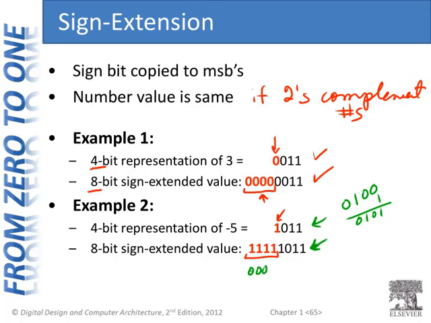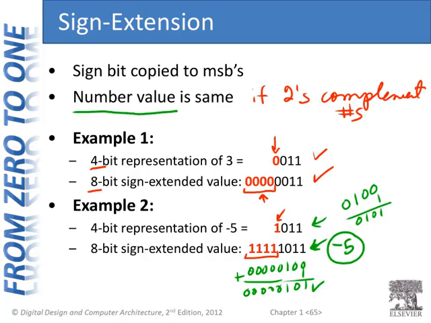Again, we can take the 2's complement, invert the bits, add 1, and in fact, we do get 5 as the magnitude. We know it's negative. So if it's a 2's complement number, sign extension preserves the value of the number.